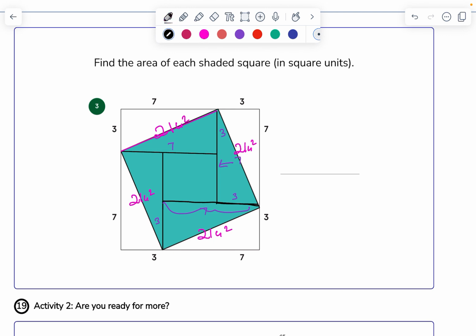Now we also can see the large square going around is a 10 by 10, which is our 100 units squared.